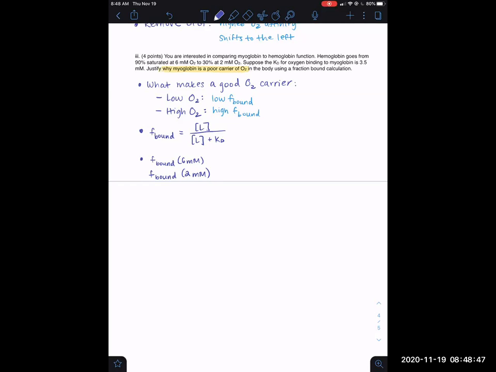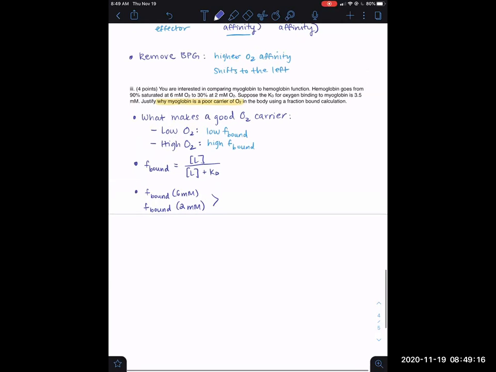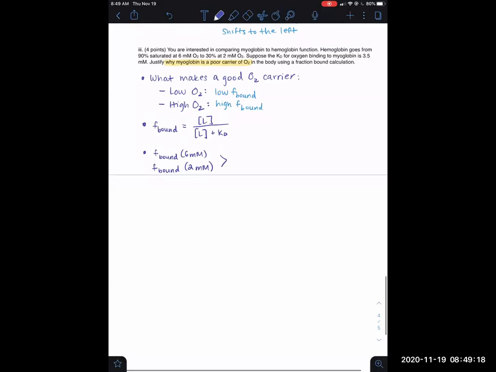If there's a significant difference between these two fractions bound, that would mean that myoglobin would be able to drop off and pick up oxygen like hemoglobin does. If there's no significant difference in these two fractions bound, then myoglobin would not be able to behave like a switch, and so it wouldn't function well as a carrier. So from these two values, we can determine whether myoglobin would be able to act as a carrier.